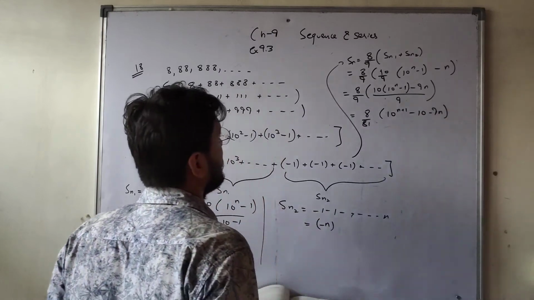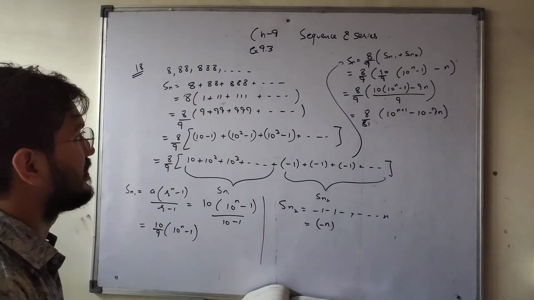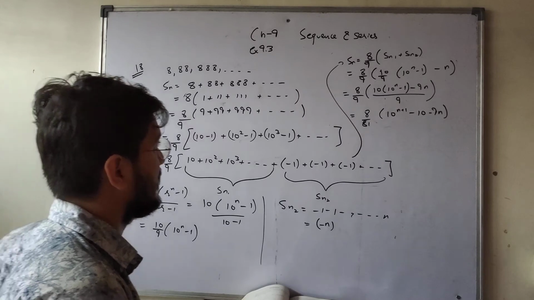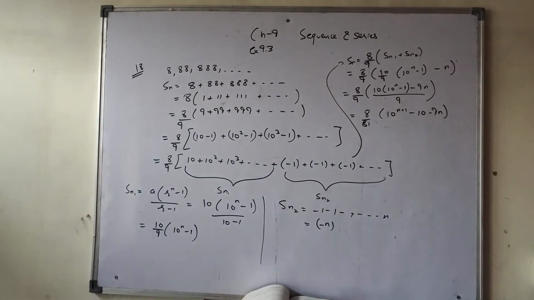So this is the required answer. 9 multiplied by 9 is 81. It can also be written as, if we separate this 8 upon 9, you can multiply 8 upon 9 inside also. So that will be the answer, or this is also the answer of this question.